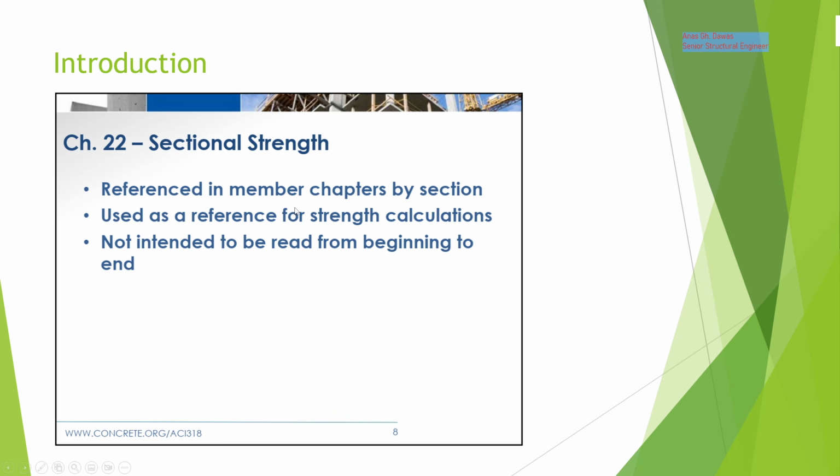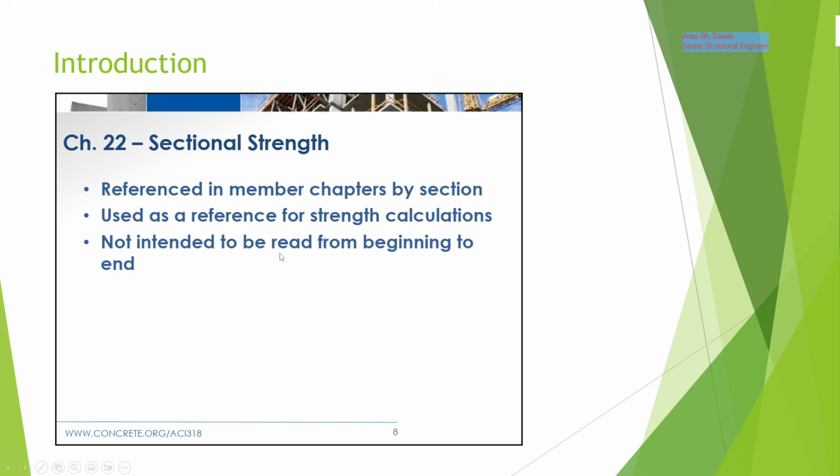It is used as a reference for strength calculations. From this chapter, you can calculate the one-way shear strength, two-way shear strength, also torsional strength, and also the interaction between the axial force and moment. This is required to compute the strength for columns, for example.